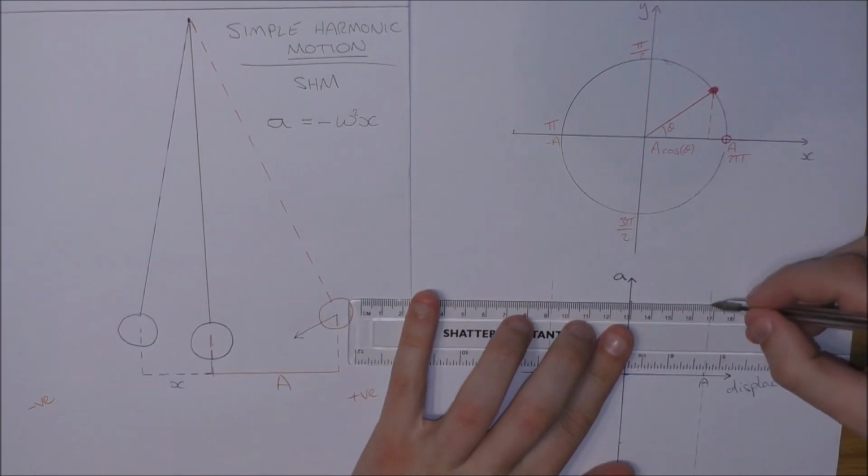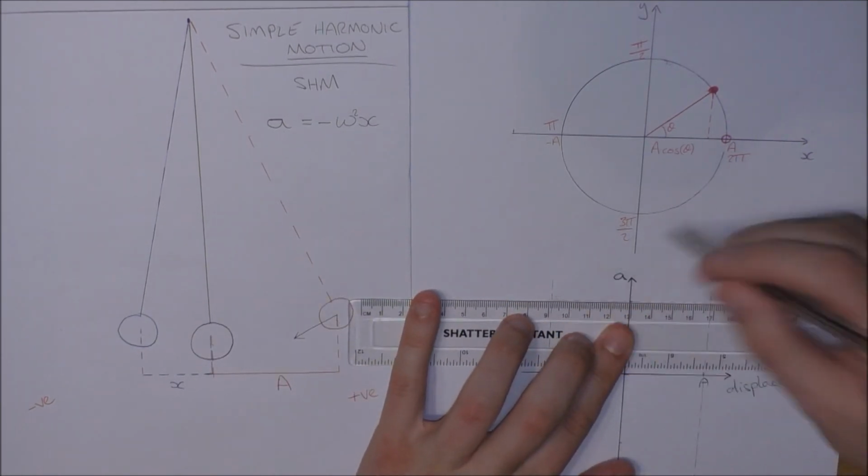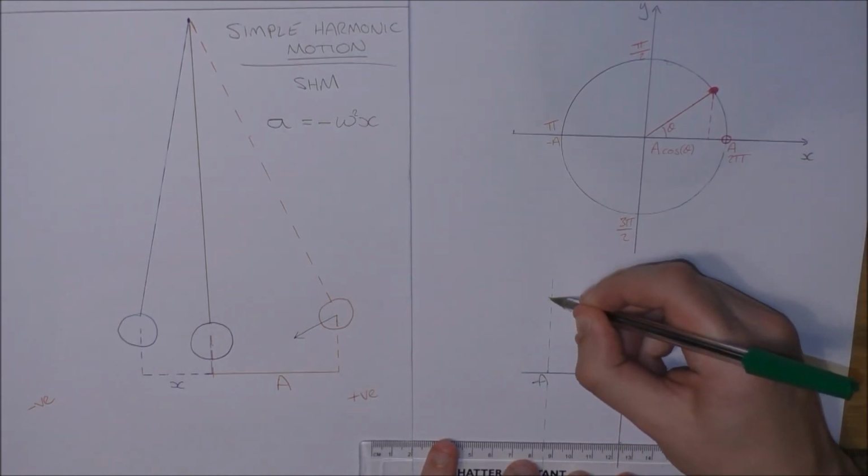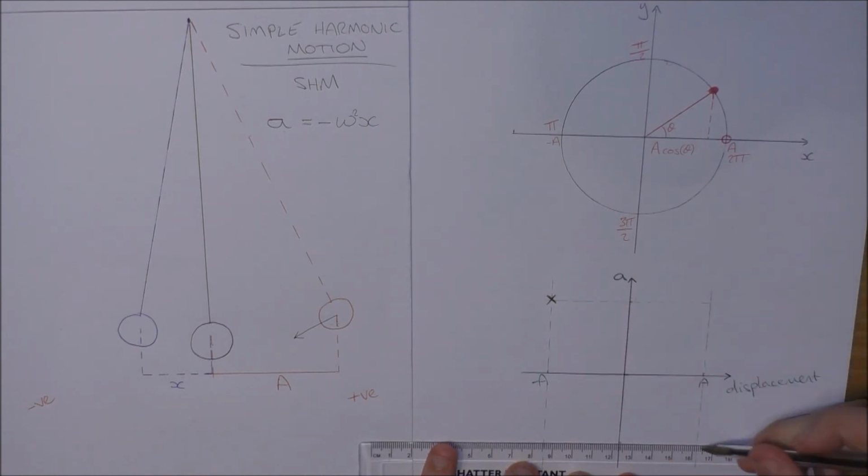When we have a maximum positive acceleration, we are at a maximum negative displacement. So that goes up there.